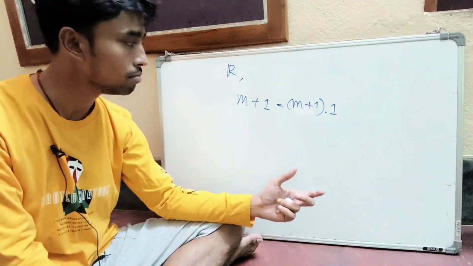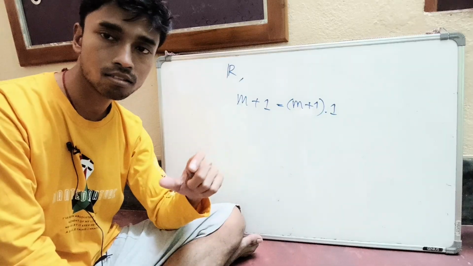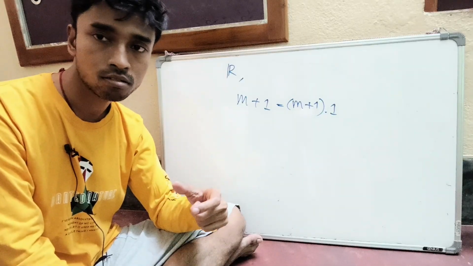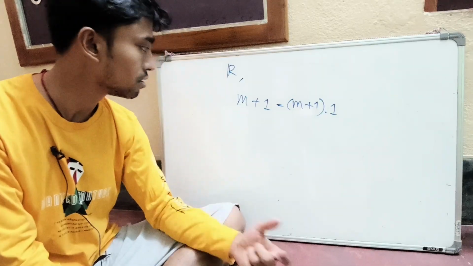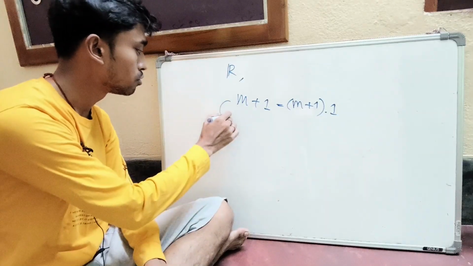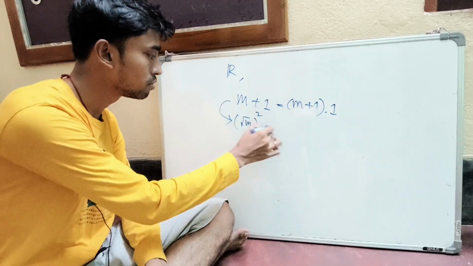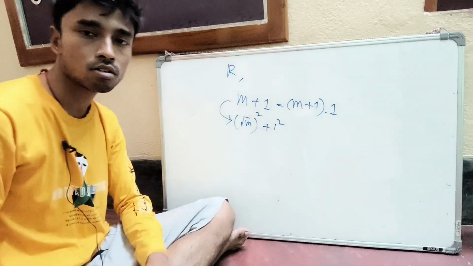Then how can I write? Means if I try to say that can we write this as difference of two squares? Okay, so how can I write this? So there is a very interesting method to do it. So write this m as root m to the power 2 plus 1 square. Got it?